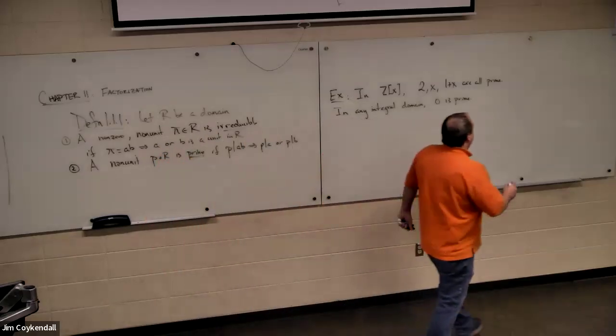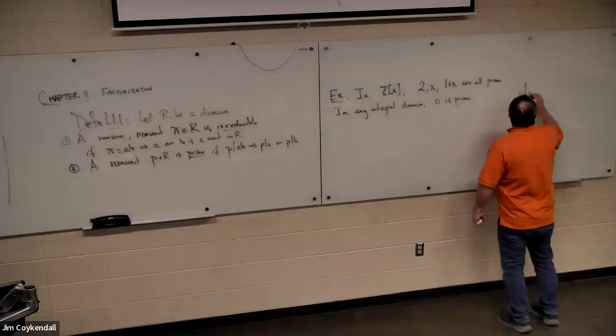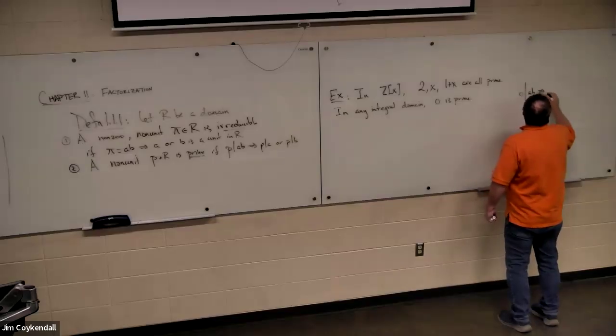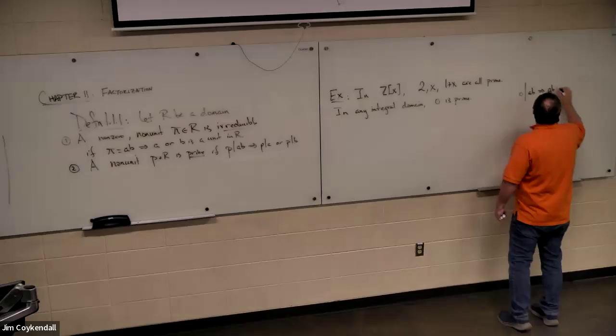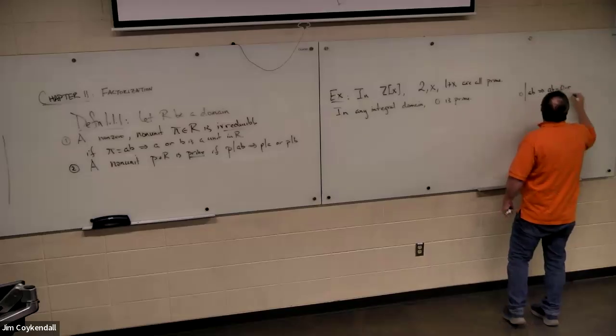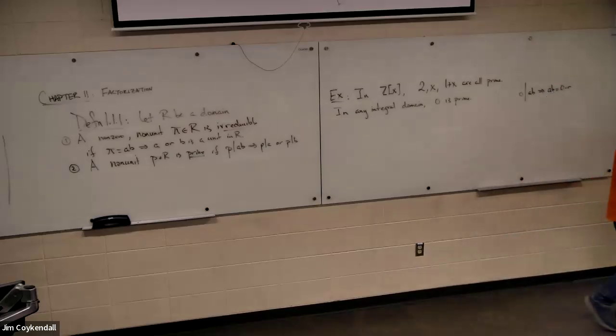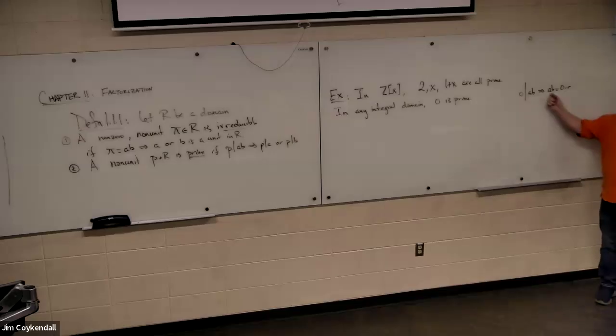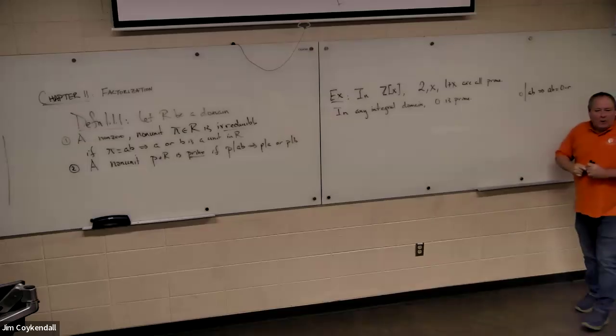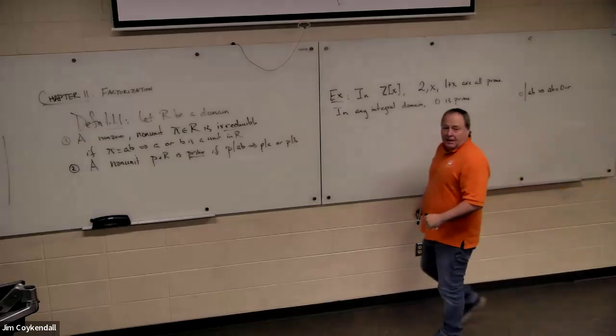Because suppose zero divides AB. Literally, this means that AB is equal to zero times some r in R. So that means that A times B is zero, right? And if it's an integral domain, what does that mean? Either A or B is zero, therefore zero divides one of those two. So in a strange way, zero is in fact prime.